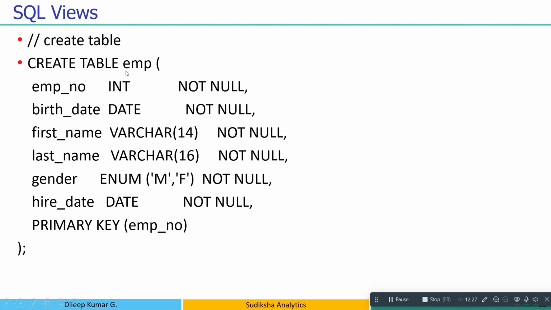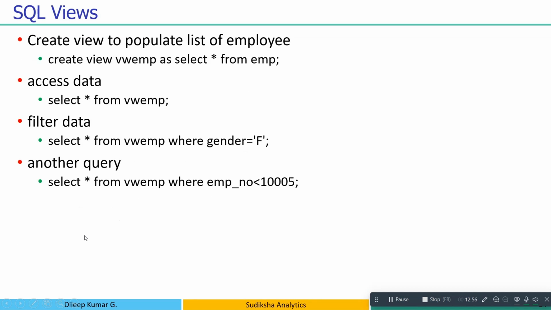In this employee table, the fields are employee number, integer, which is not null, birth date, which is date type, and then first name varchar of 14, last name varchar of 16, and gender is enum type, which is going to have only 2 values, either M or F, and then hire date is date type, and employee number we are making the primary key, meaning you can have unique values.